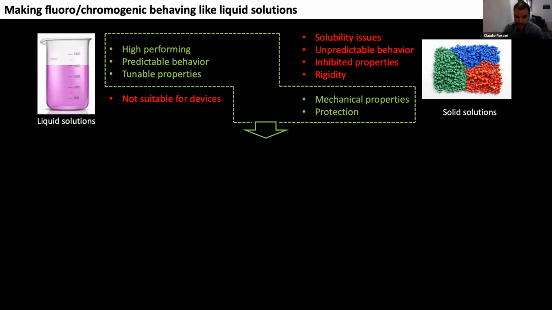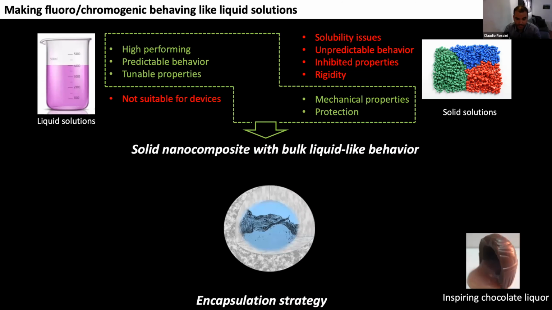So to do this, we developed during the last years a few strategies based on encapsulation, which is basically based on this core shell capsule strategy, inspired by this chocolate liquor structure, where we have a core material which can be made by oil, wax, solvents, which is trapped within a polymeric shell, which is containing and protecting the inside liquid material.